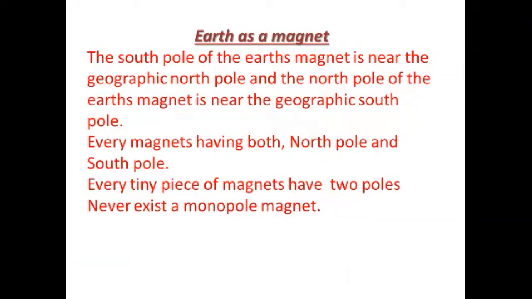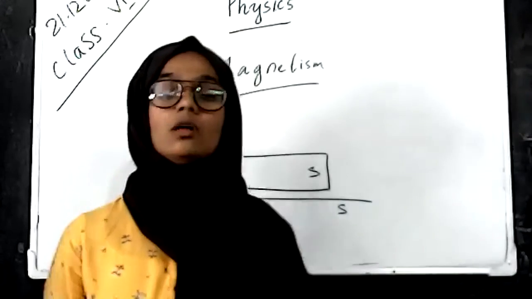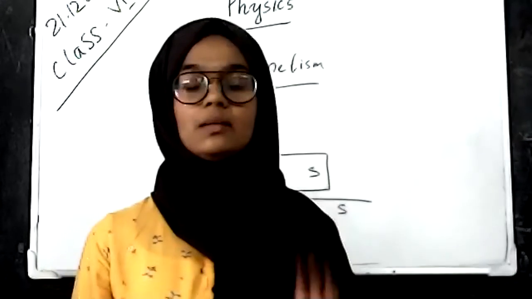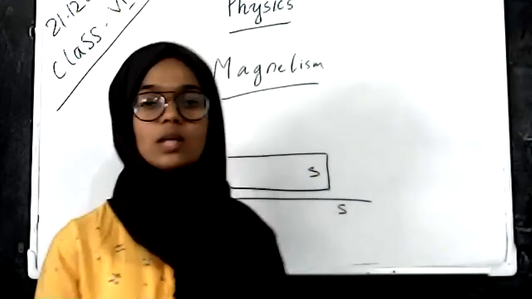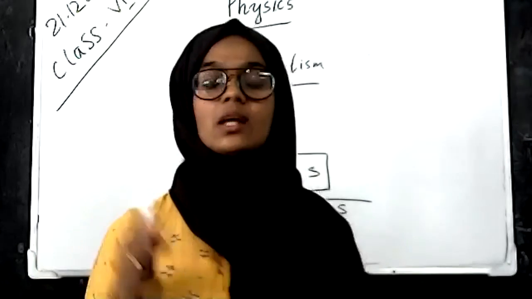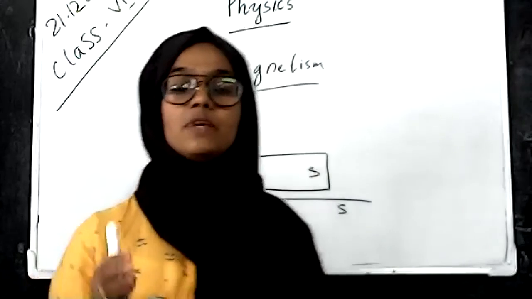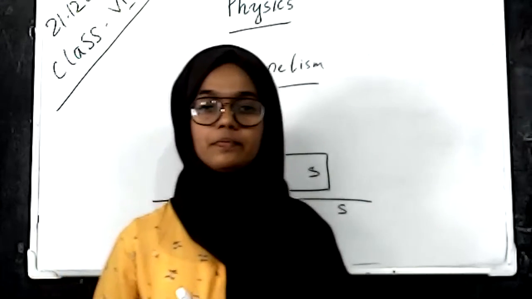Okay. So the south pole of the Earth's magnet is near the geographic north, and the north pole of the Earth's magnet is directed towards the geographic south. These two are in opposite directions.